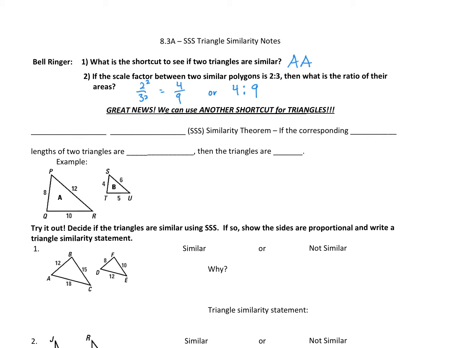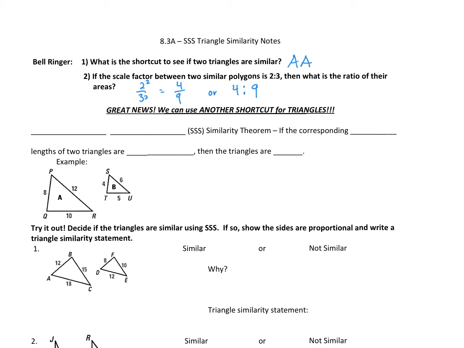Next one, another shortcut that we can use with triangles is SSS. You could remember that from our congruent triangles, side, side, side. But here we only need to prove similarity.